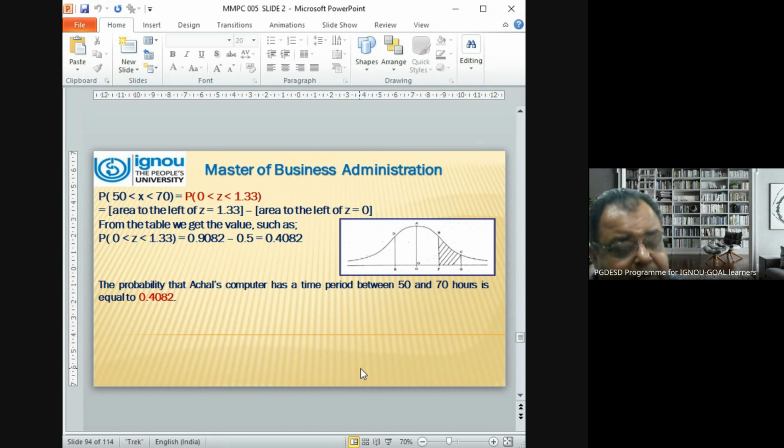That means the probability that Achal's computer has a time period between 50 and 70 hours is equal to 0.4082. If I multiply this by 100, it will be in terms of percentage. That means 40.82%. The battery's life will be between 50 and 70 hours. This graph is drawn by freehand only.